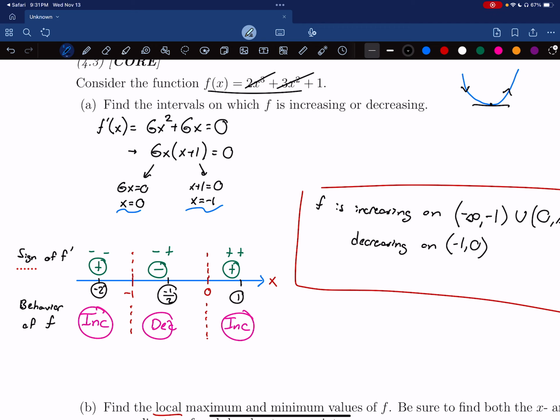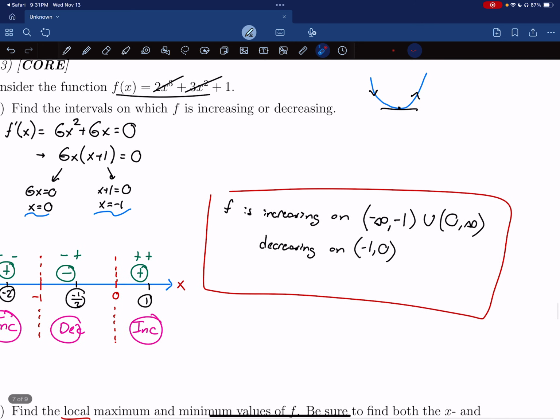We plug those into each individual factor, and we'll get a negative or a positive for each of those factors. By factor, I mean this and this individually. And then if you multiply two odds together, you get an even. Multiply an even by an odd, you get an odd. And that will tell you the overall sign of f prime. And then a positive f prime means f is increasing, and a negative f prime means that f is decreasing.